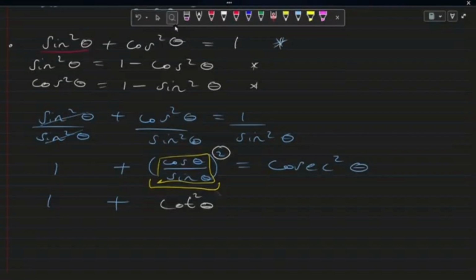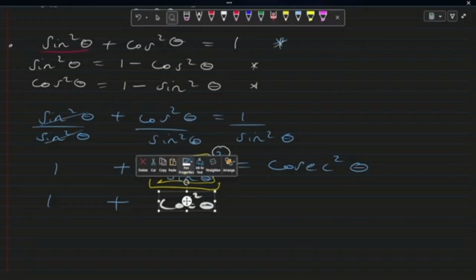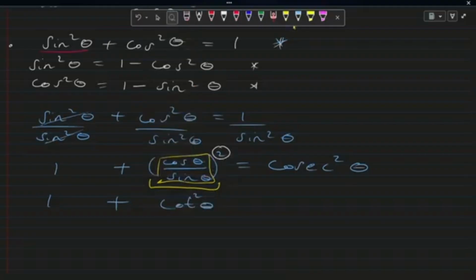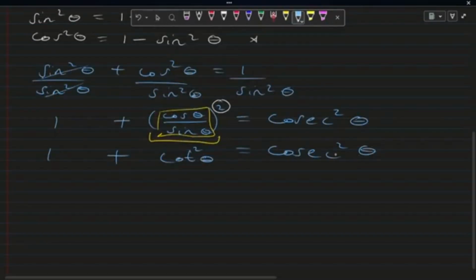And then we get this, so it's cosec squared theta.